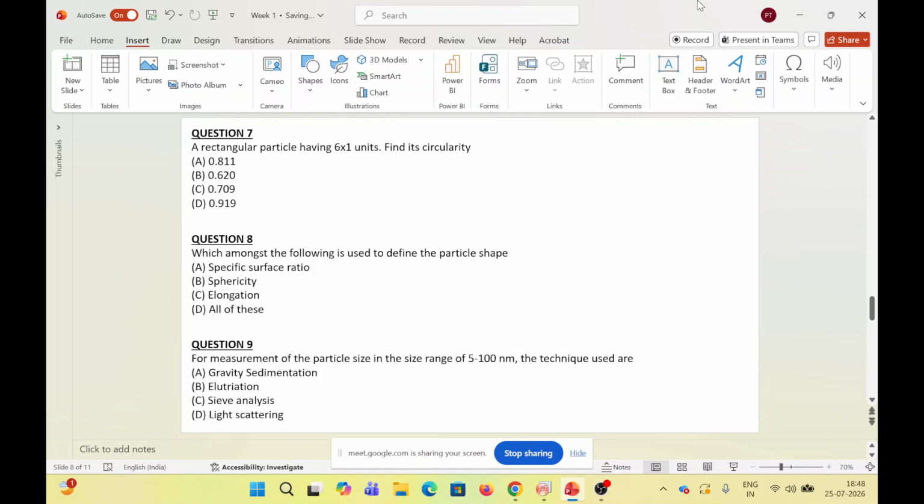So question 7. A rectangular particle is having 6 times 1 units, where 6 may be the length and 1 may be the width. Find its circularity. You have a rectangular particle with 6 times 1 units; instead of giving meters or centimeters, we are giving units.